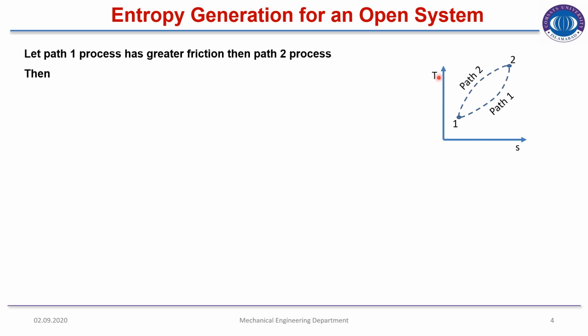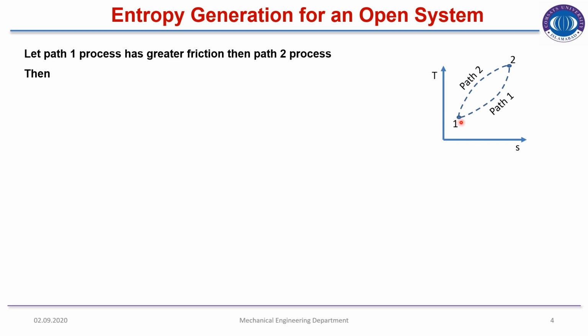So there is a TS graph, with state 1 and state 2. Two different paths are shown. Path 1 is a process from state 1 to 2, and path 2 is another path for a process from state 1 to state 2.